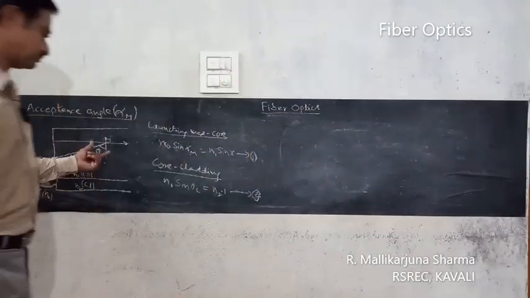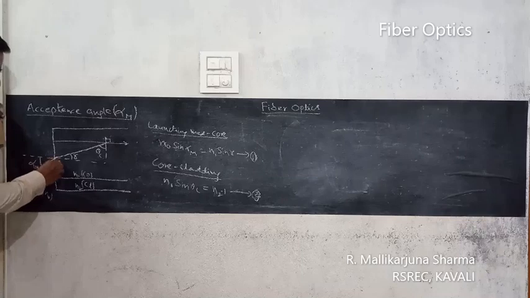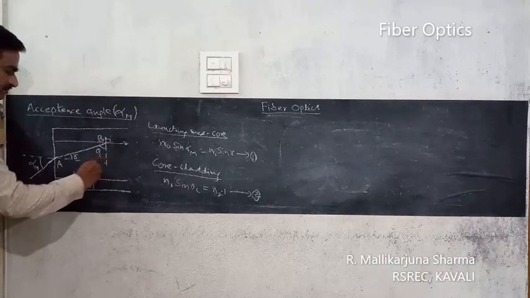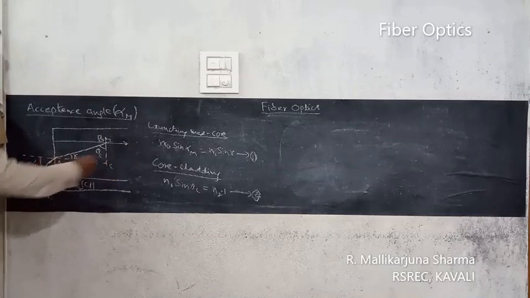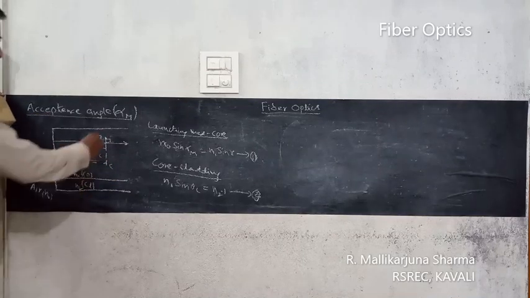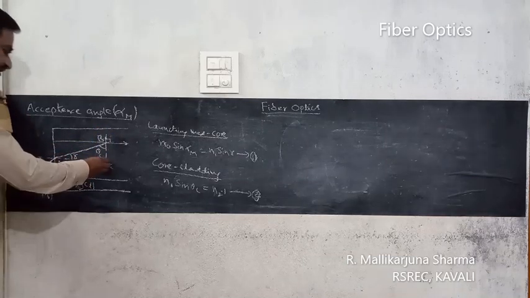Now we take this triangle and call it A, B, C. We extend this line and draw a perpendicular from point B. Then in triangle ACB, the angle at C is 90 degrees.